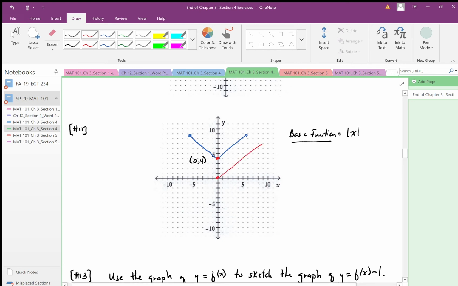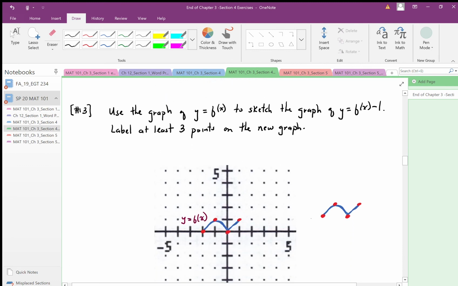So this right here is f of x equals absolute value of x. Now, if you want to address this particular function that's moved 4 units up, your new f of x happens to be the absolute value of x plus 4. And this is your answer.